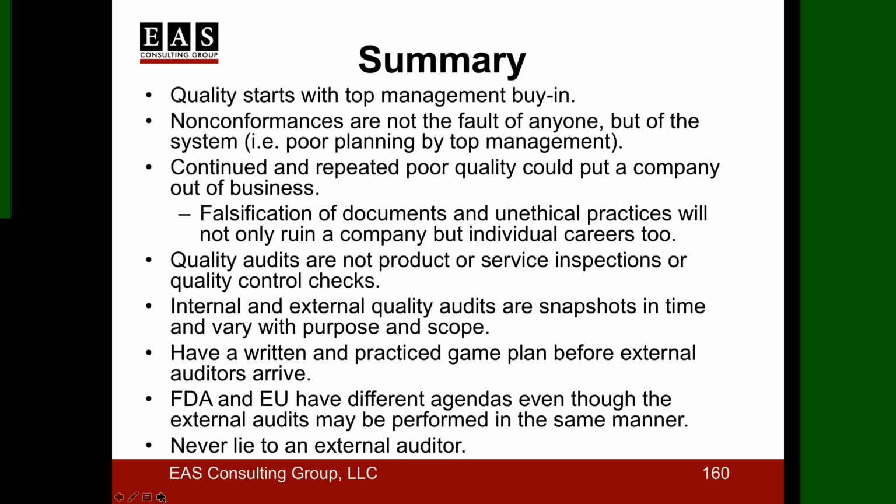Quality starts from top management buy-in. These problems are really not the fault of any person or system per se, but of poor planning by top management. It's a system approach. So when you do audits, the person you're speaking to, like the production technician or the quality control person, you may find that they're not following procedure.